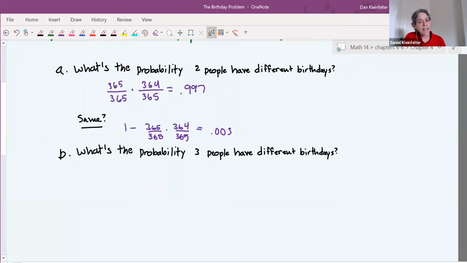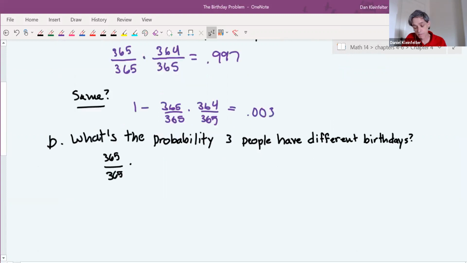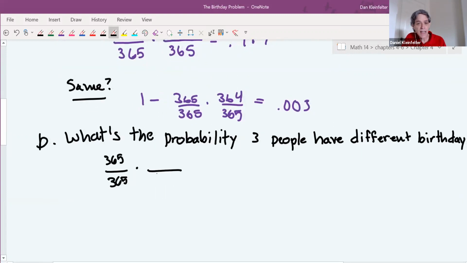Okay, so let's try extending that same thinking to three people. So first, different birthdays. There's 365 days in a year, and the first person, let's say they choose their birthday, they've got 365 choices. Then for the second person, there are still 365 days in a year, but now there's only 364 choices for that person. And then by the time the third person goes, there's still 365 days in the year, and there are only 363 choices left.